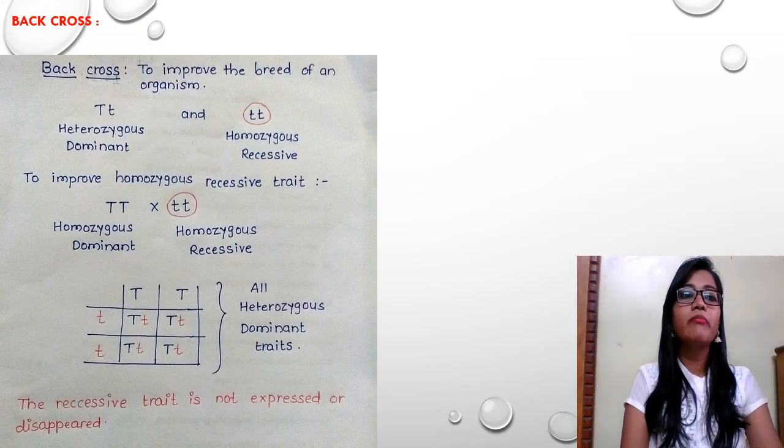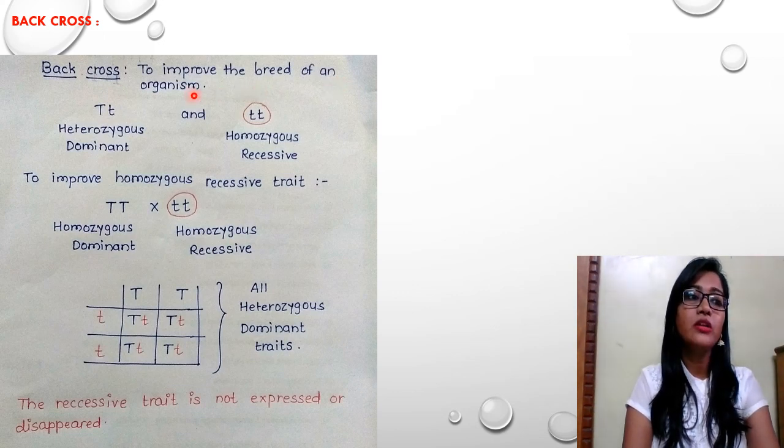Now, why is the backcross important? The idea of backcross is to improve the breed of an organism. We will take a couple of examples. Suppose we have one organism which is heterozygous dominant, carrying capital T and small t, and another plant that is homozygous recessive, which carries the genotype small t and small t.